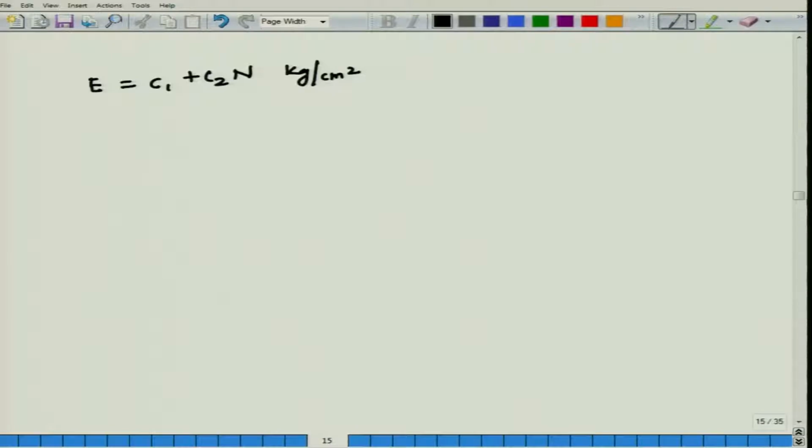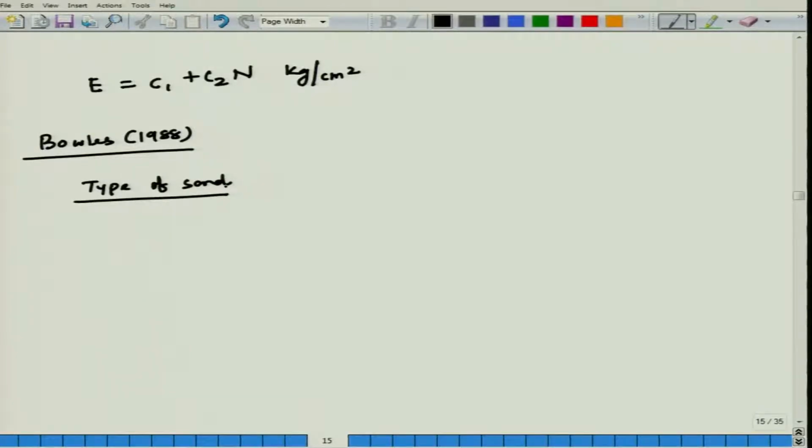Bowles 1988 has given some correlations. Type of sand, then E in kg per centimeter square.